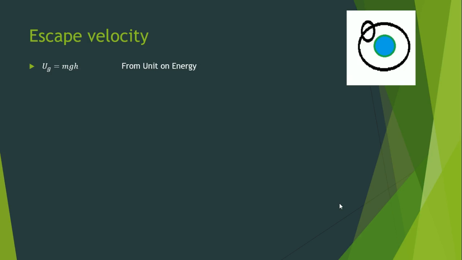So escape velocity is the velocity needed if you're trying to leave a planet. So we have this gravitational potential energy. This is from the energy unit, which was quite a while ago. And so remember, energy is just mass, gravity, and height.